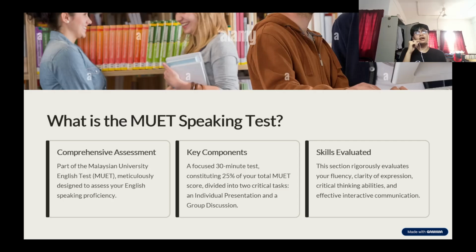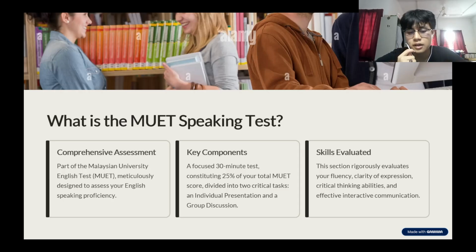It's like IELTS or TOEFL, but specifically for Malaysian students, designed to assess your English speaking proficiency. The test takes 30 minutes, divided into two parts.